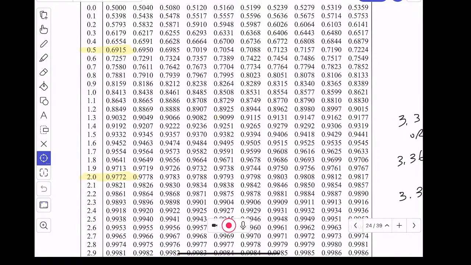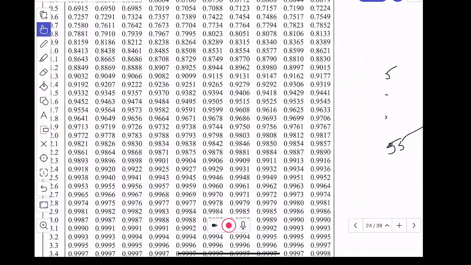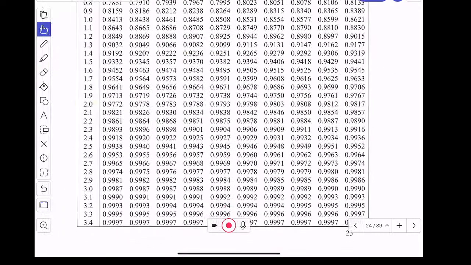let's clean up the table. Now looking for 0.9900. If you remember, you're starting to remember these numbers, the best answer is 2.33, right?